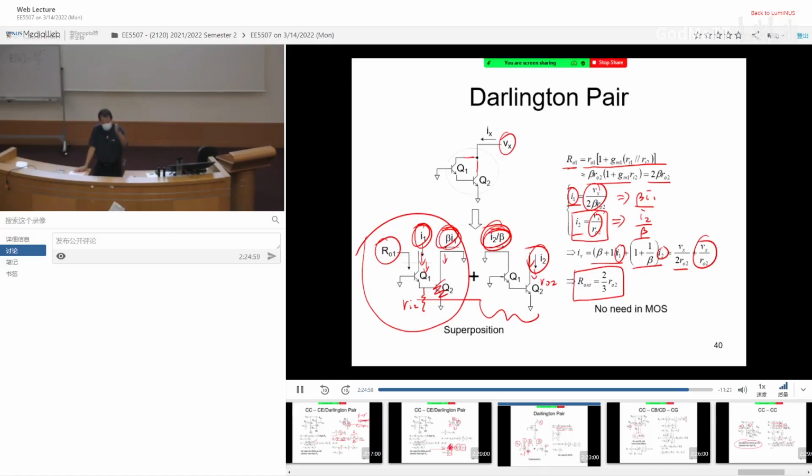You assume one branch current, what happens to the others. Combine them. That is superposition. MOSFET, no need for this kind of thing, because this boosts the current gain from beta to beta squared. MOSFET is even better. It already gives you infinite current gain, so there is no need for you to boost. Okay?